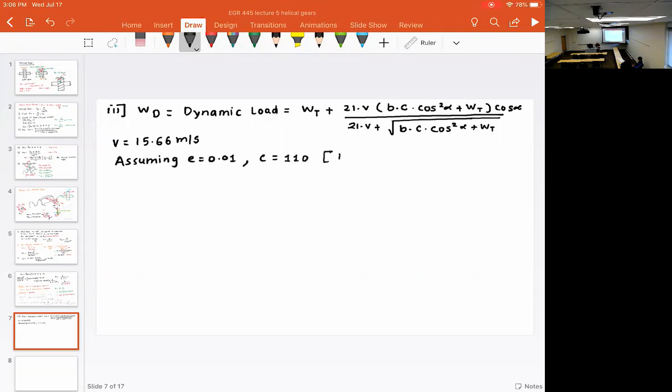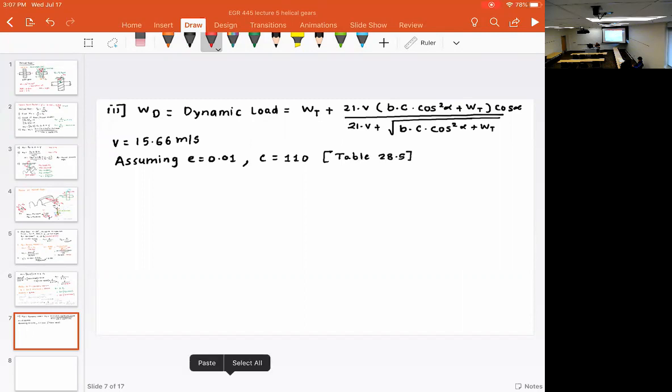This is table 28.5. So just error action e is equal to 0.01 millimeter.